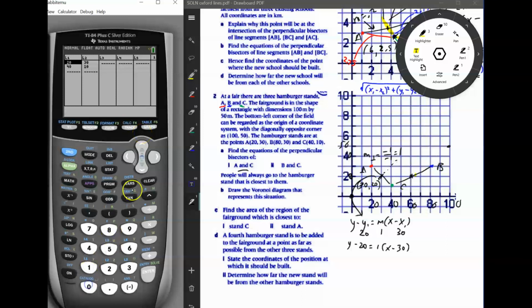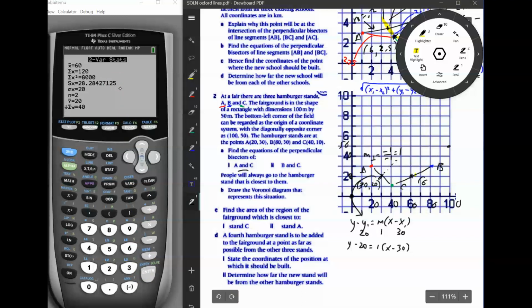Let's put that in. 80, 30. Okay, and then we do stat, calc, 2var stats, and that'll give us x bar, y bar. L1, L2 blank. And x bar is 60 and y bar is 20. So 60, 20 is the midpoint.